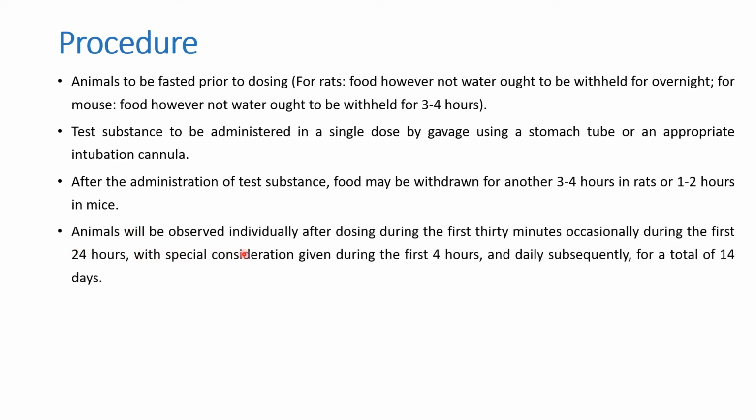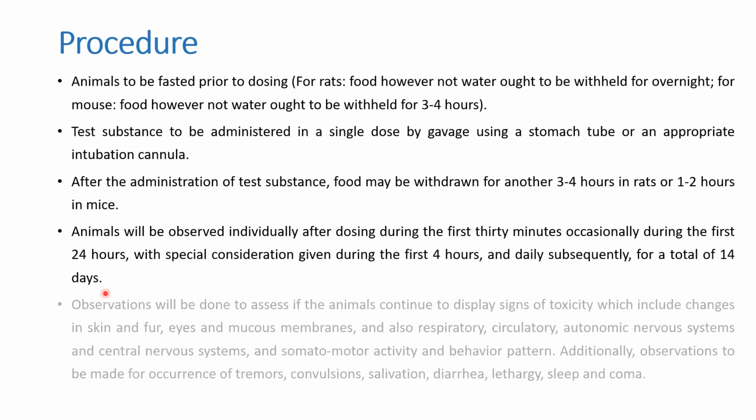Then the animal will be observed individually after dosing during the first 30 minutes, occasionally during the first 24 hours, with special consideration given during the first 4 hours, and daily subsequently for a total of 14 days.